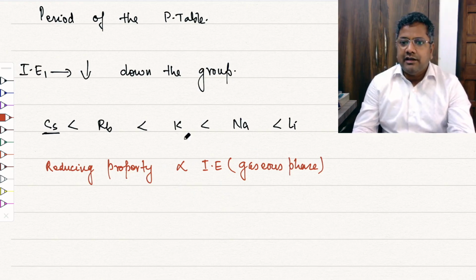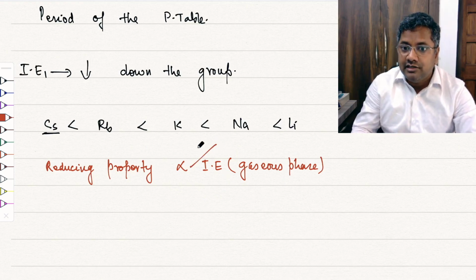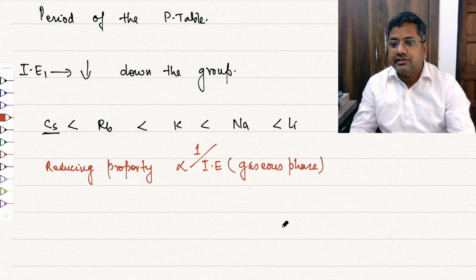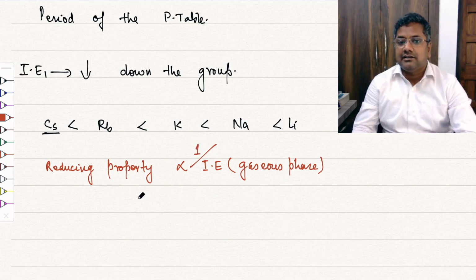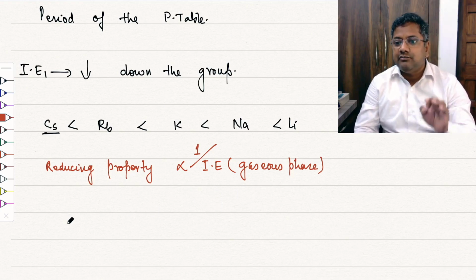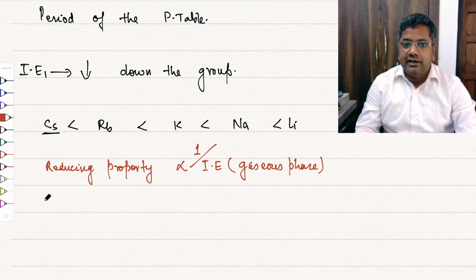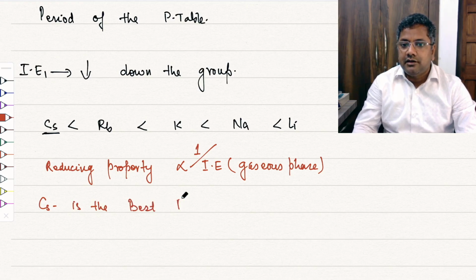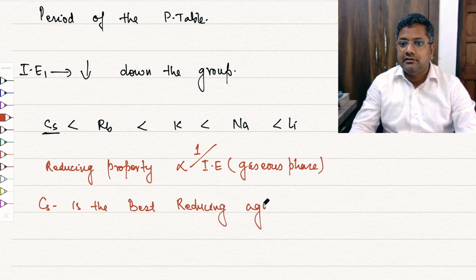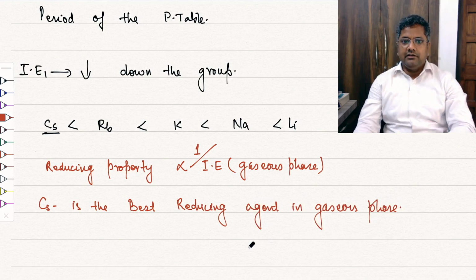So in the gaseous phase, cesium is the best reducing agent, right? Okay, good.